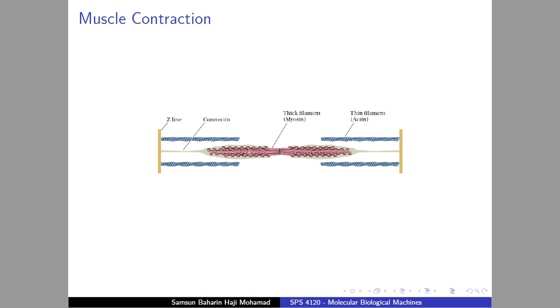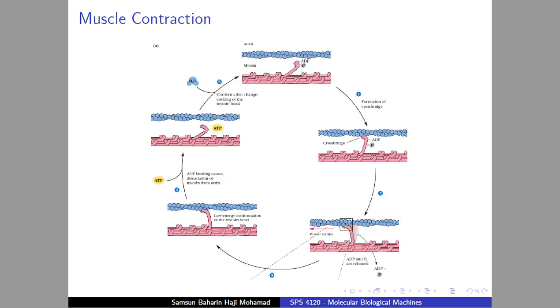Here we can see that this one will contract, and this also will make the connections move near to each other or far from each other. Okay, so these are again the diagram of the muscle contraction. Here we can see if we start with this one.